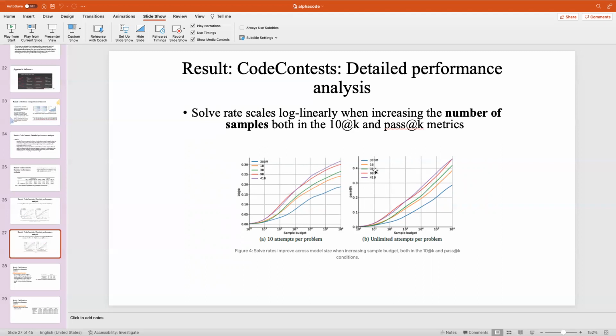No matter how many parameters the model has, more samples always help. But they claim it will saturate at some point. Also, a large sampling budget will require a more effective clustering and filtering process. So it's a trade-off for the model.